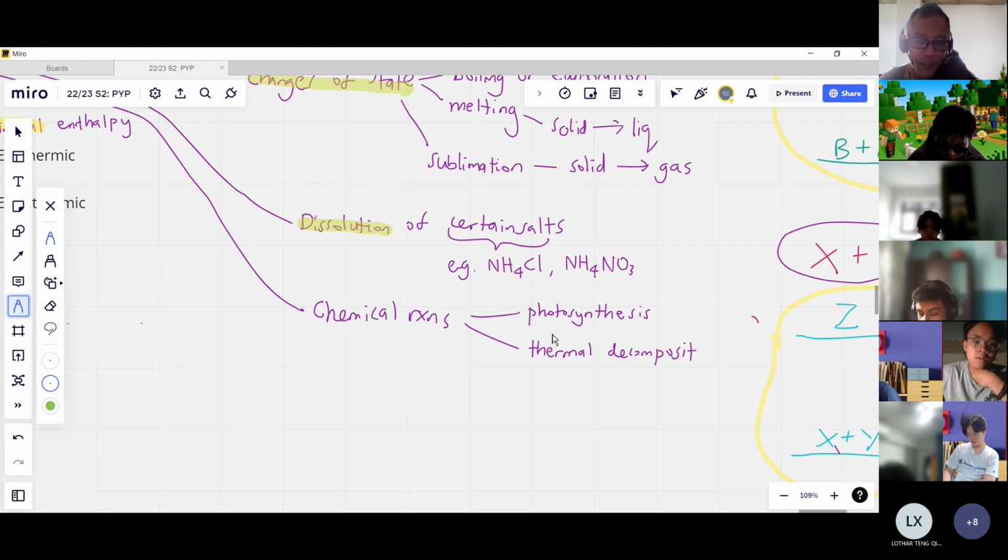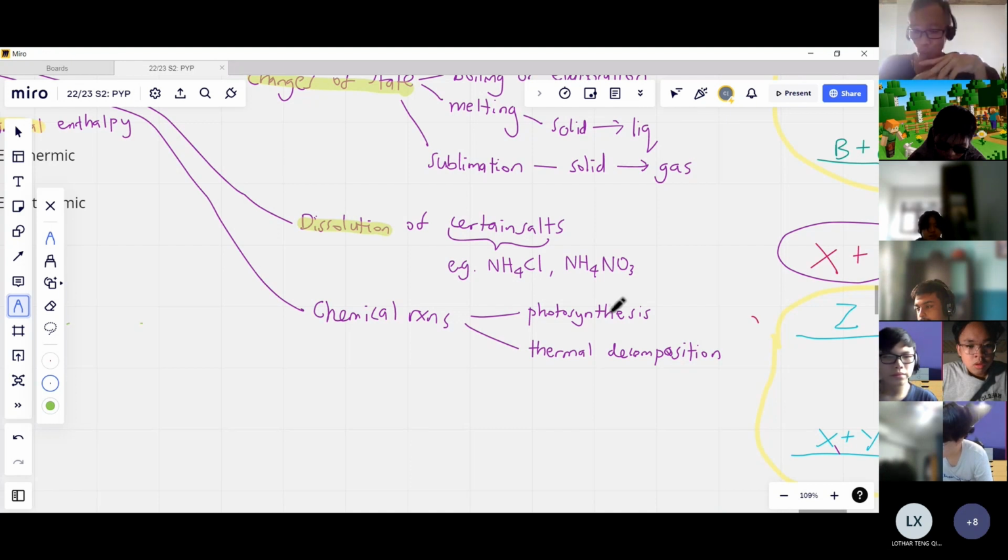I'm not going to write out the examples because this is not exactly commonly seen in your syllabus. So just jot this down because this can still come up when they ask you, like I said in the MCQ, which of the following is an endothermic process? So maybe one of the answers is photosynthesis. So you may just have to choose the correct answer.